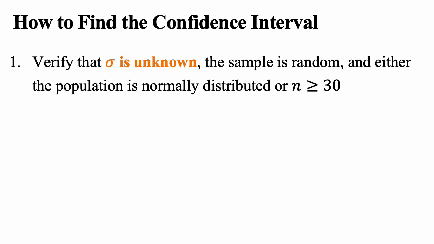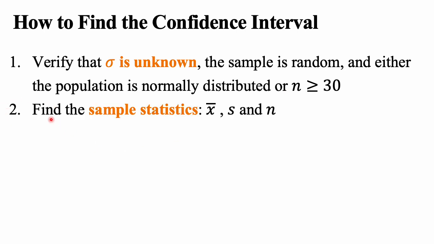How are we going to find the confidence interval if we don't know the population standard deviation? First, verify the population standard deviation is unknown. Then the sample is random, and either the population is normally distributed or the sample size is greater than or equal to 30. Second, find all the sample statistics: sample mean, sample standard deviation, sample size.